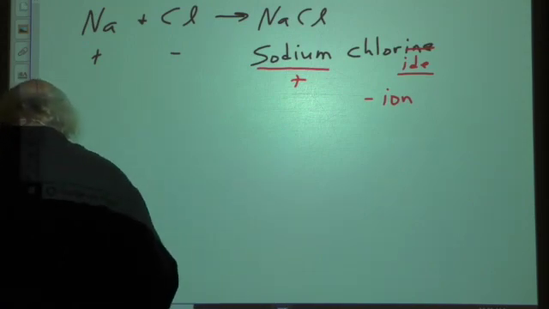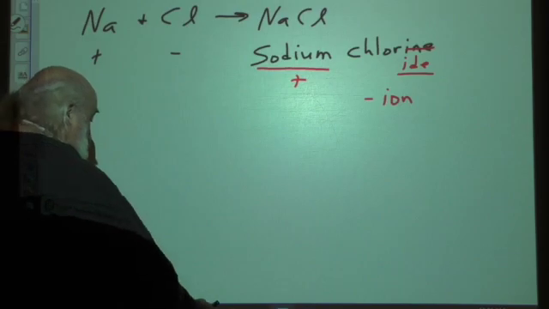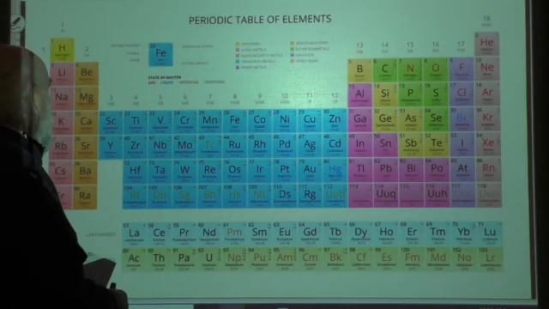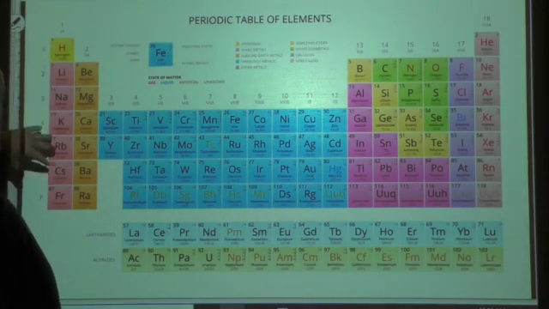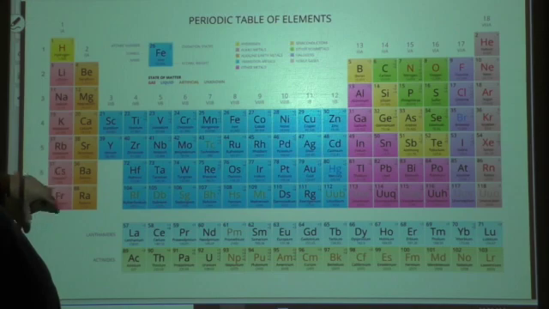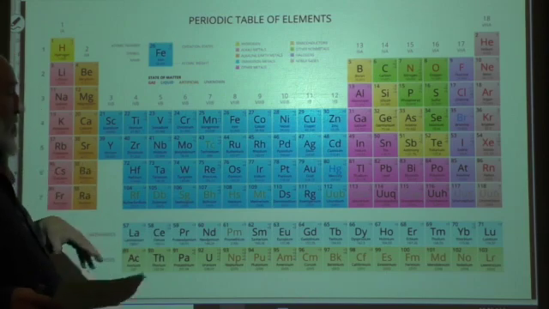So let's take another look at this periodic chart, because this is very important. Because all these have one valence electron, they're all going to have a positive charge. So column 1A, positive charge. These all have 2 valence electrons, which is very close to having 8 if you got rid of them.